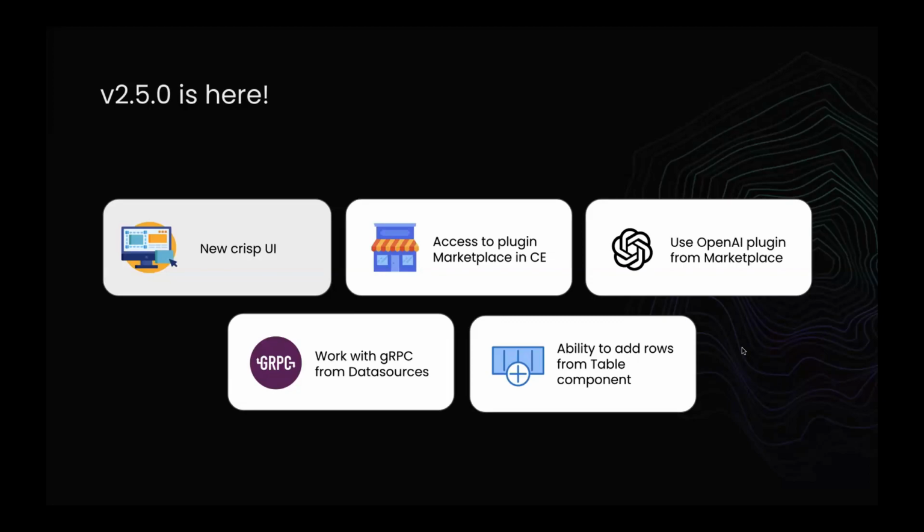What you see in the data source list is a group of items that you might not use or might not find useful. With the plugin marketplace, you have a list of all the different plugins that you can choose, select, install, and start using. If you don't need one, you can uninstall it and put it back there. That's what we wanted to give as part of the plugin marketplace, which was previously released for the enterprise editions. It is now in Community Edition from 2.5.0, and the first plugin we're looking at is the OpenAI plugin from the marketplace itself.